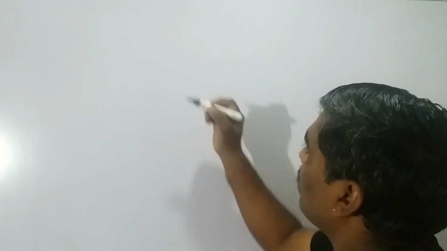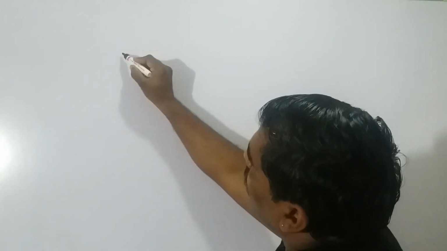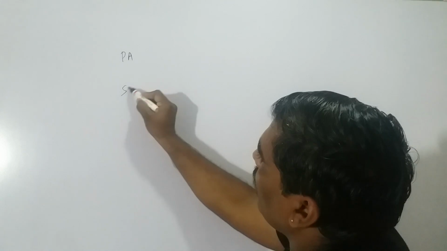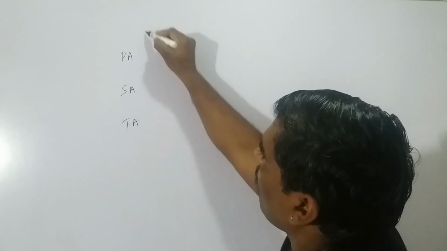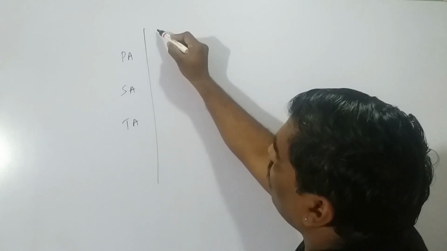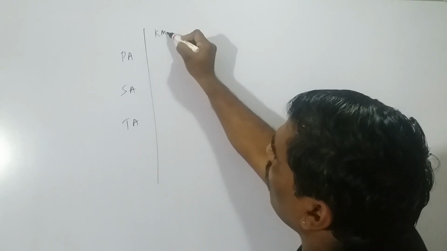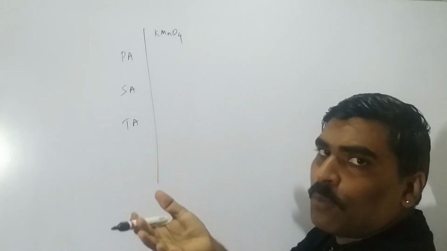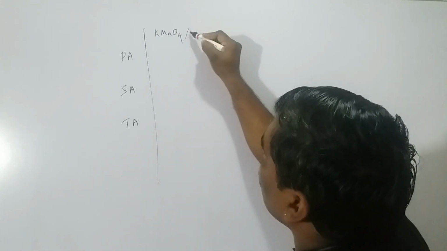But before going to that topic, oxidation of tertiary alcohols, I want to give one table here which will help you to write oxidation reactions. See this? For primary alcohol, secondary alcohol and tertiary alcohol, when they are reacted with acidified potassium permanganate, or it can be potassium dichromate, and I'll put H plus.